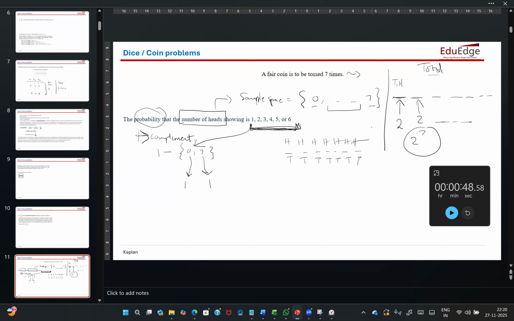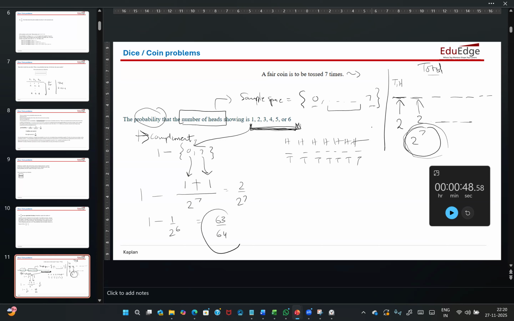Each coin toss has two possibilities, head or tail, and hence the total combinations become 2 raised to 7. So here we have 1 plus 1, divided by 2 to the power 7, so this becomes 2 by 2 to the 7, but it's 1 minus. So 1 minus 1 over 2 to the 6. So the answer is 63 by 64.